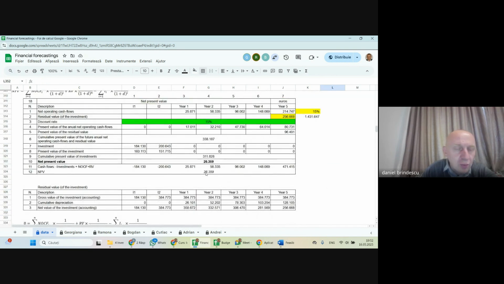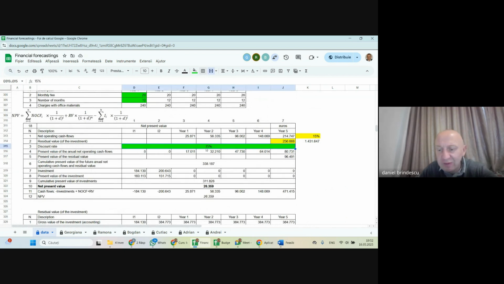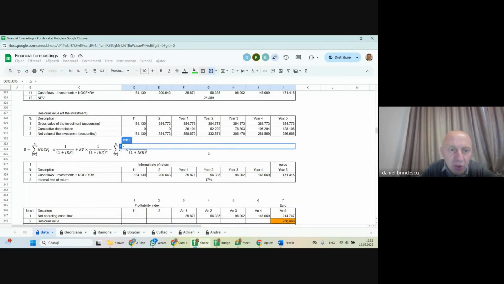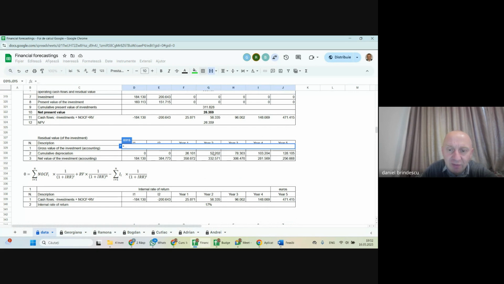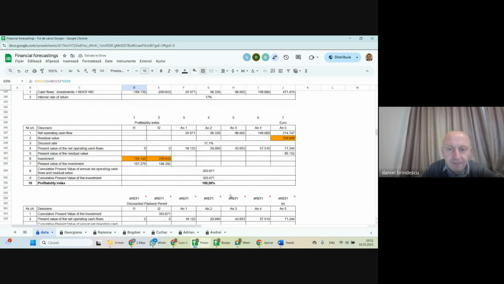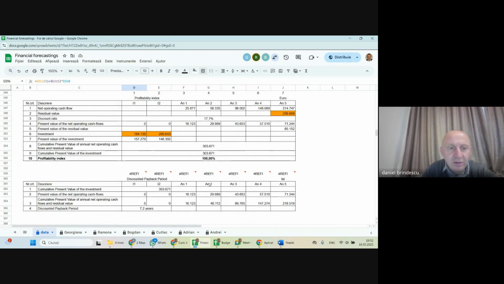Again, I'm going to make the discount rate equal to the internal rate of return, which should make the net present value 0 and the profitability index 1, well, 100%. And it does exactly that, as you can see.